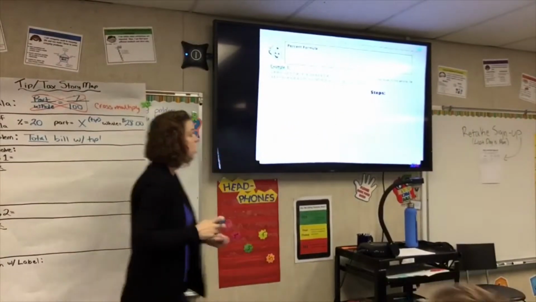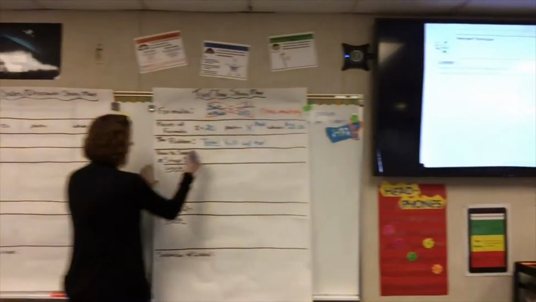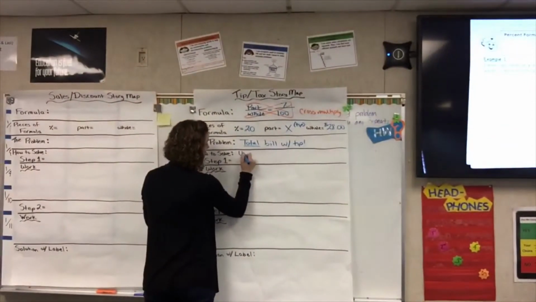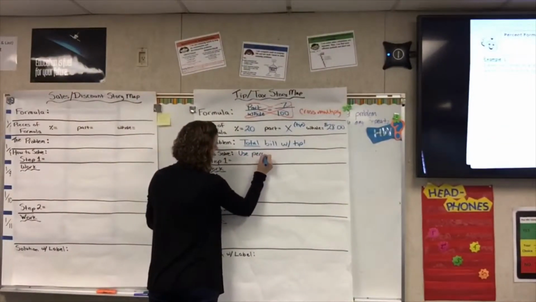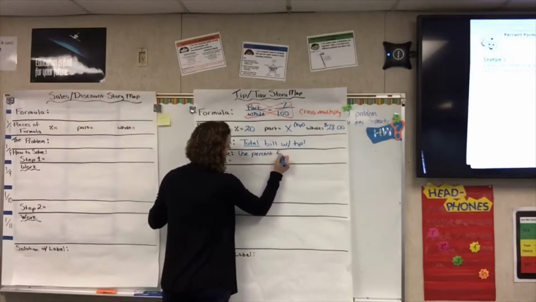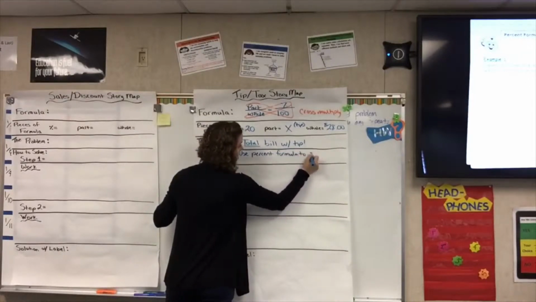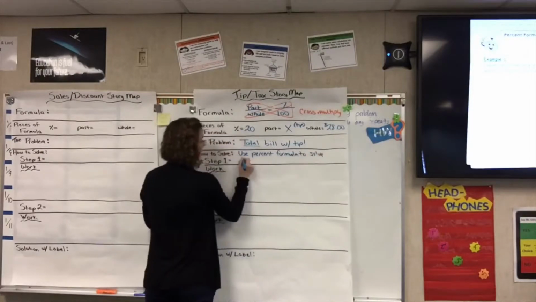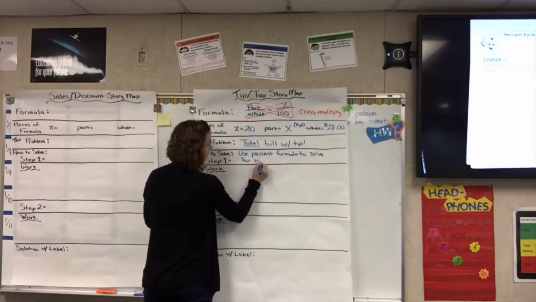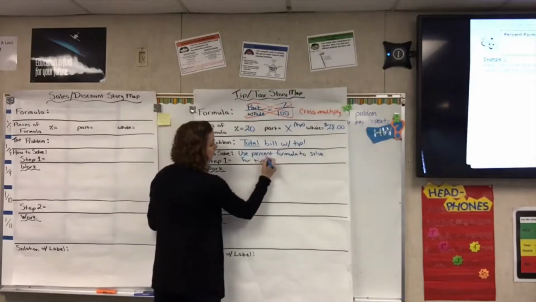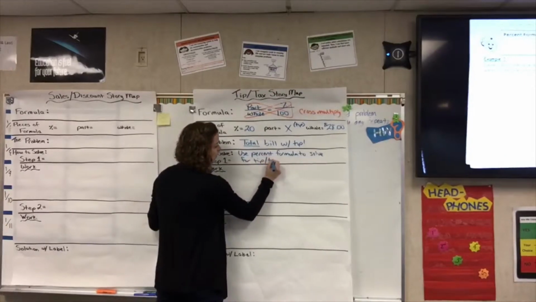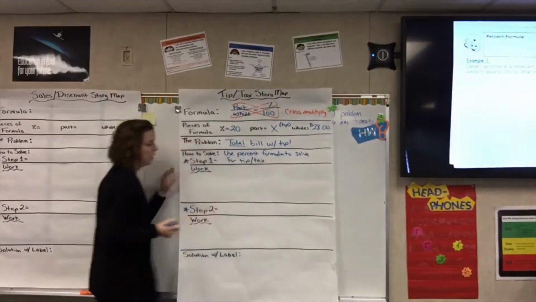Okay? So step 1 is use the percent formula to solve for tip, and then the next problem we're going to do will be for the tax. So you can solve for the tip or the tax using this.